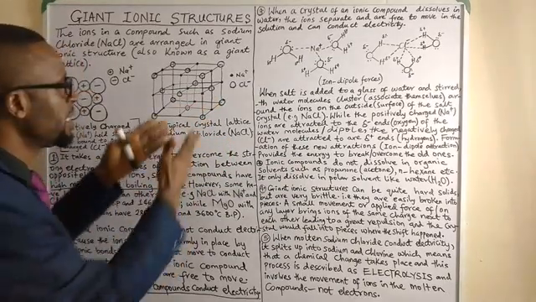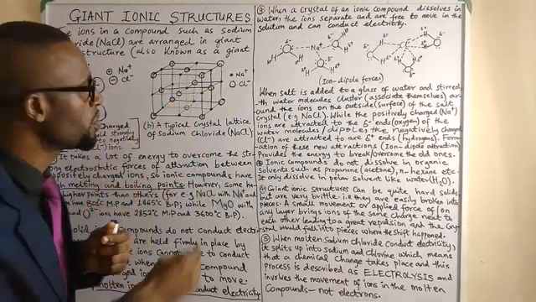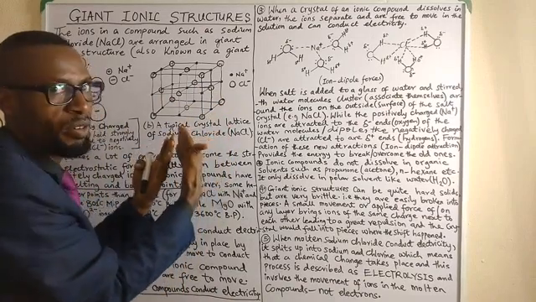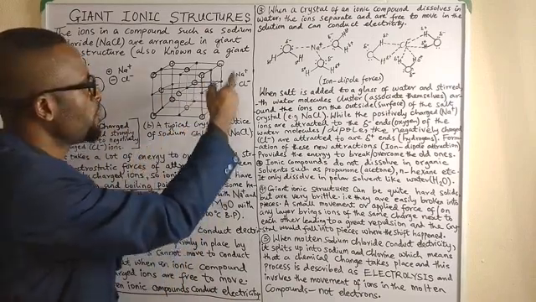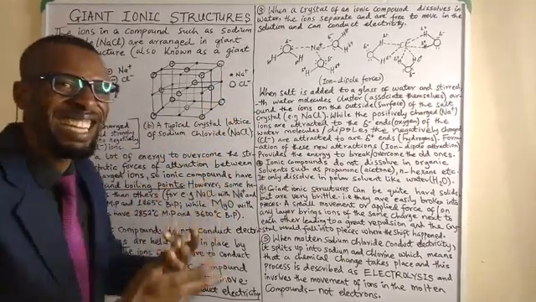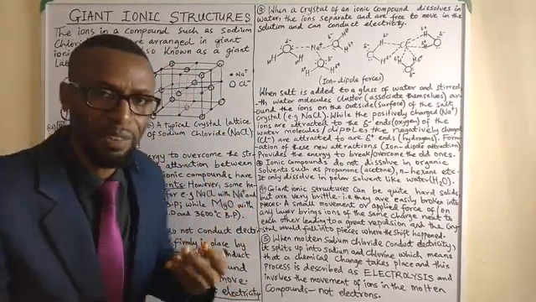There is a possibility of a distortion of the layers of these crystals. So much so that some of the chloride ions can come very close to other chloride ions, and some of the sodium ions can come closer to other sodium ions. And that creates a great deal of repulsion because like charges repel themselves.